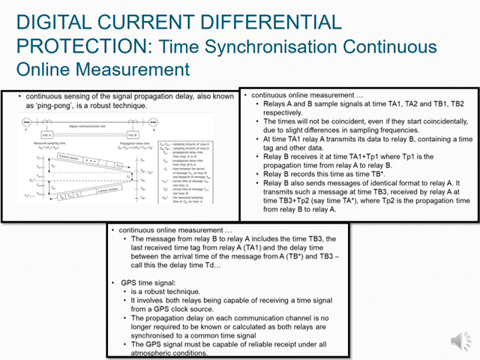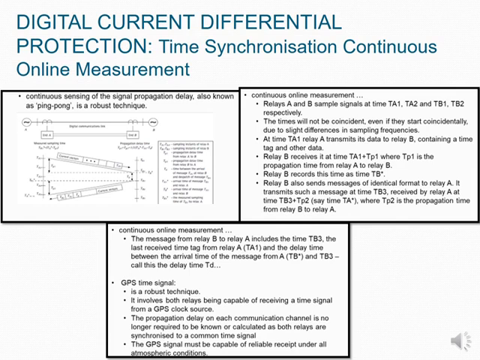That's why the relays keep track of the time differences between them: I picked up this information at this time and sent it to you at that time, and so on. So later on, when you do your research as an engineer, you can pick up the relay A and relay B information, and when you correlate the two, you can know more or less exactly at what time your fault actually occurred on your system.